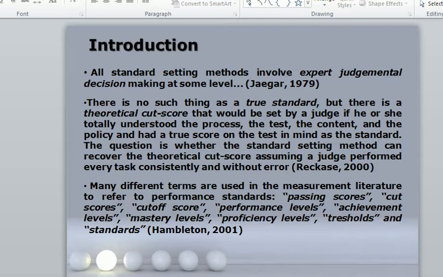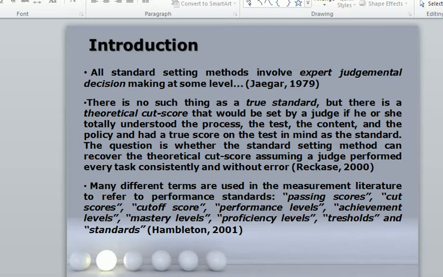Ricker, 2000: many different terms are used in the measurement literature to refer to performance standards. Dear students, there is no common or agreed upon definition of standard setting.